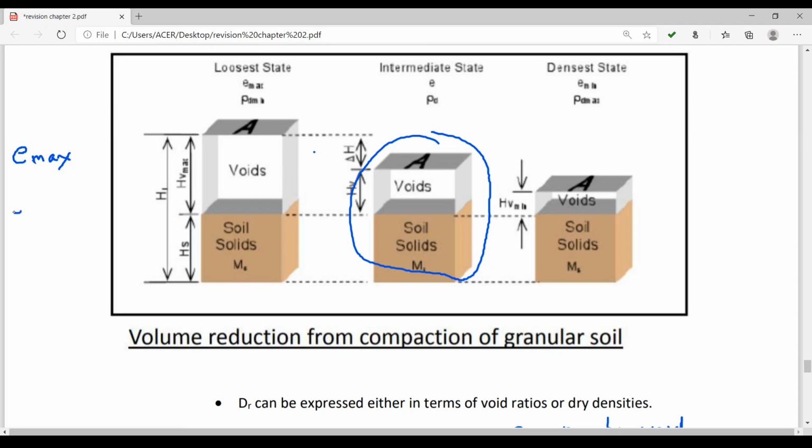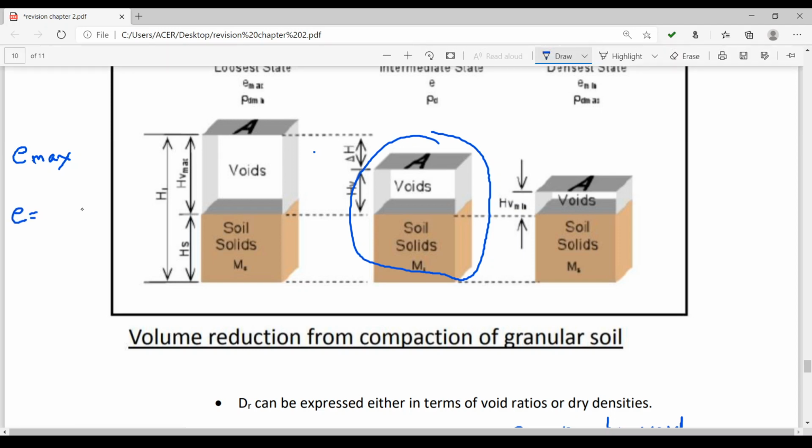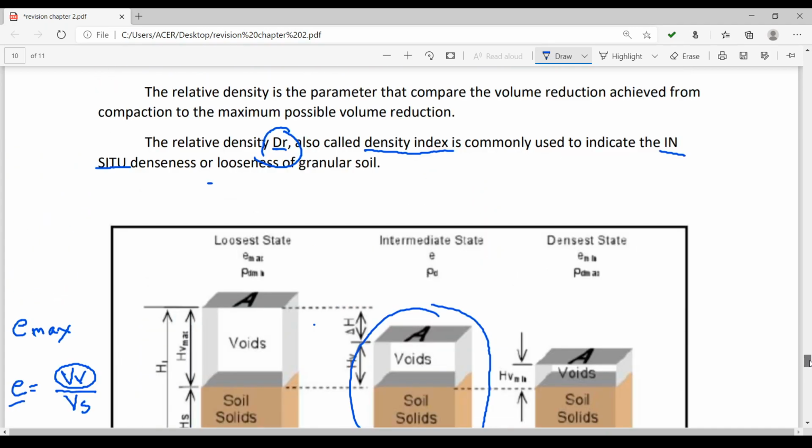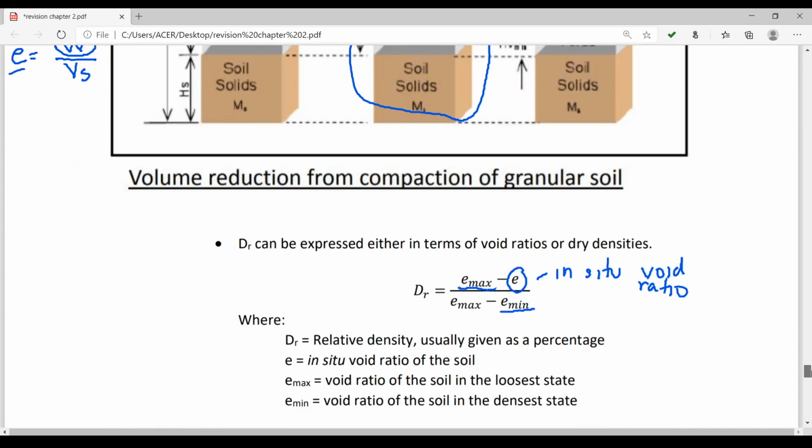From the formula of your void ratio, that is volume of voids all over the volume of your soil solids. So if your volume of voids increases, then the void ratio also increases. And if the soil is loose, then mas marami yung void sa loob ng soil.